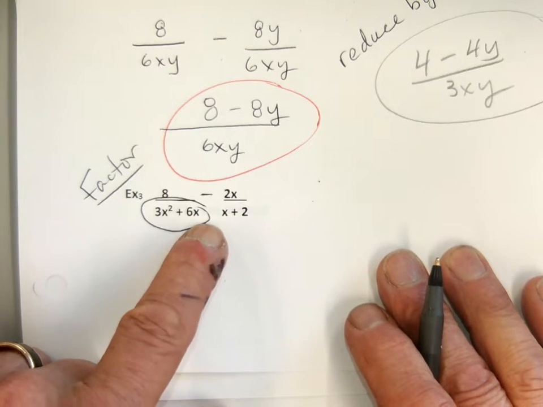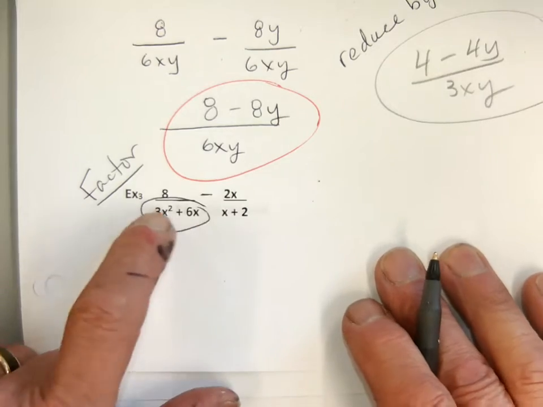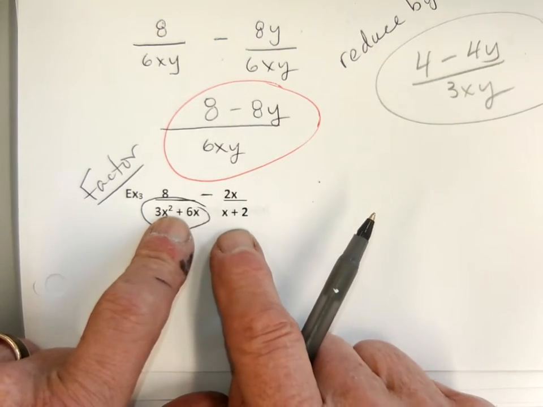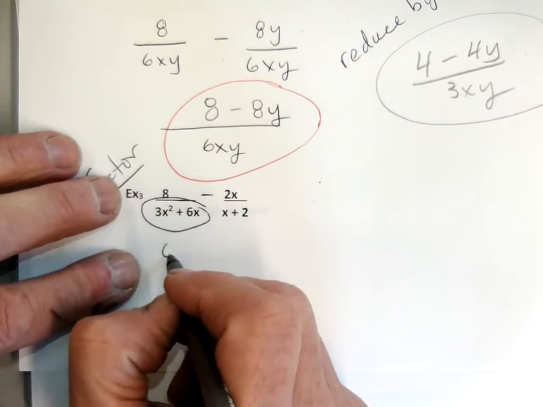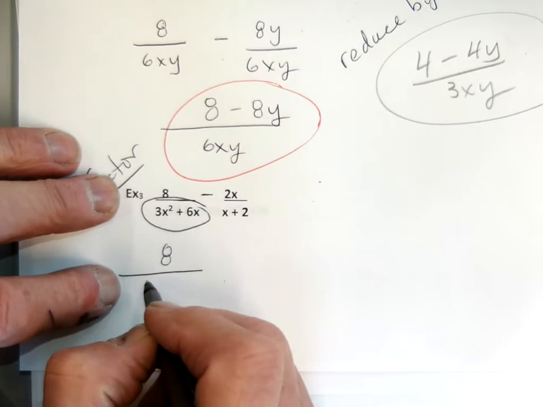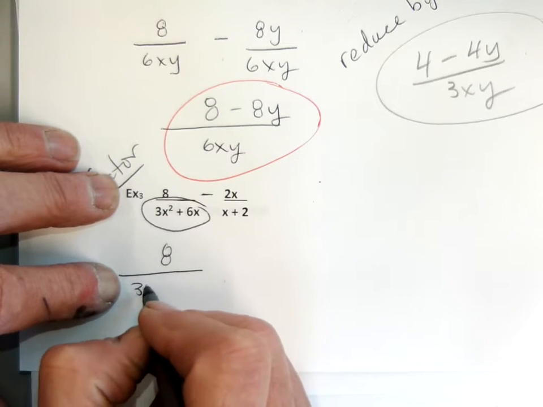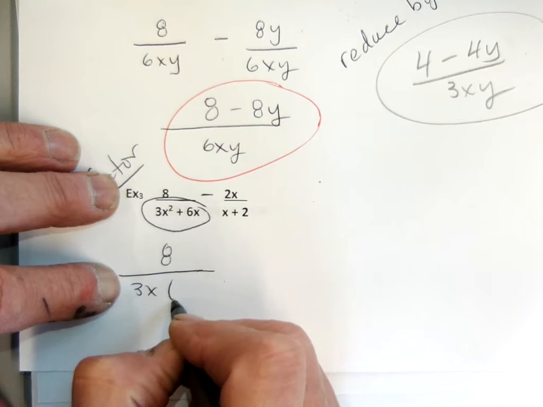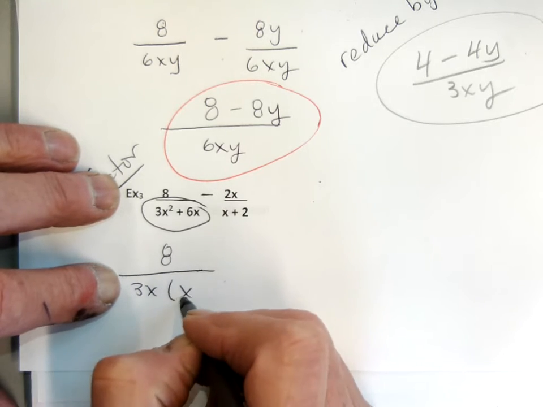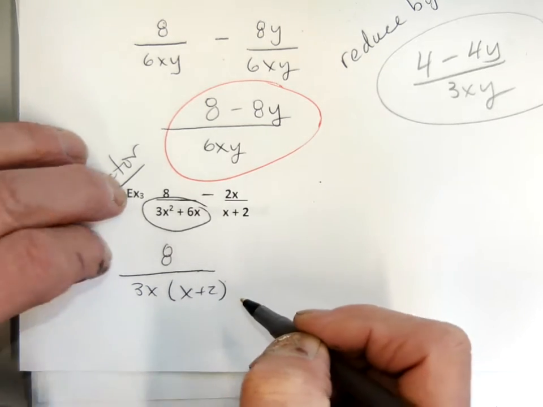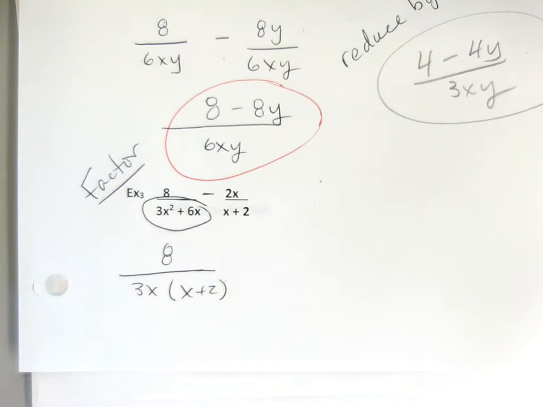It's going to make it easier for me to see what they have in common. So I'm going to rewrite this as 8 over a 3x times an x plus 2. And I'll stop and let you, I'm not done. I only wrote the first thing. I'm not done. Okay.